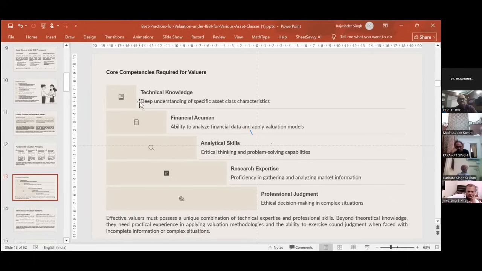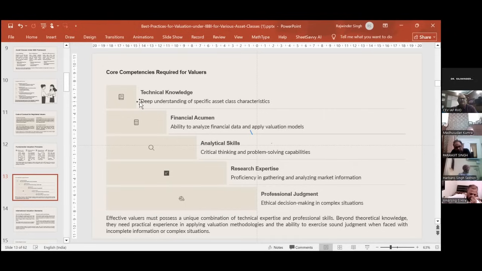And third thing he must have is analytical skills. So critical thinking and problem solving capabilities are important for a valuer. And he should be proficient in gathering and analyzing market information.